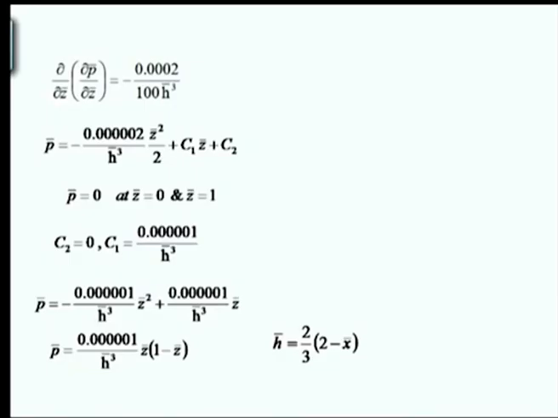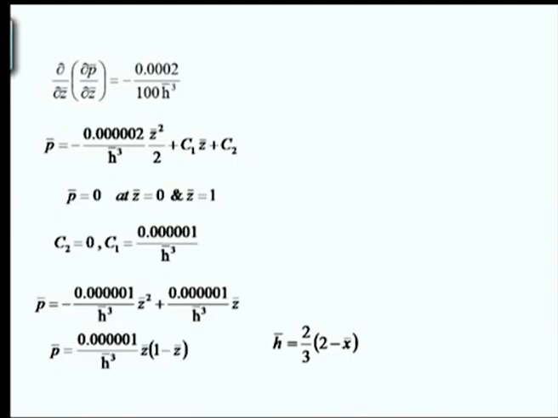In this expression, this clearly says whenever z bar is equal to 0, pressure will be 0. Similarly, whenever z bar is equal to 1, pressure will be 0. So, this is confirming what we have done, that we have not made any mistake in evaluating this expression.